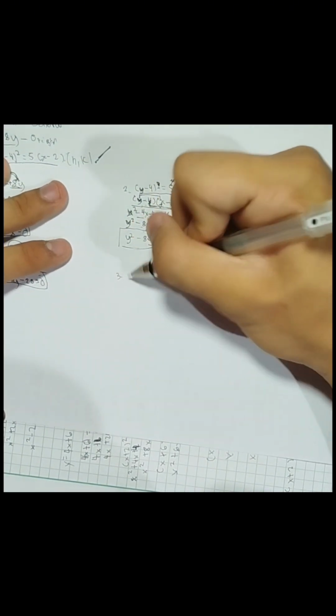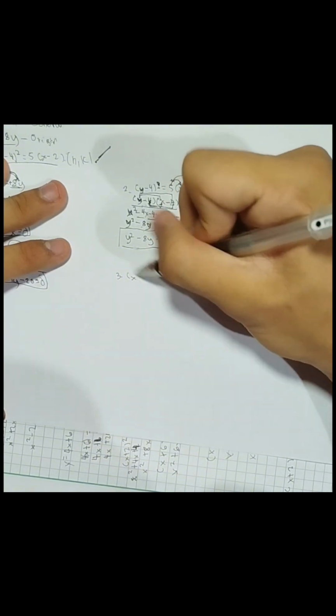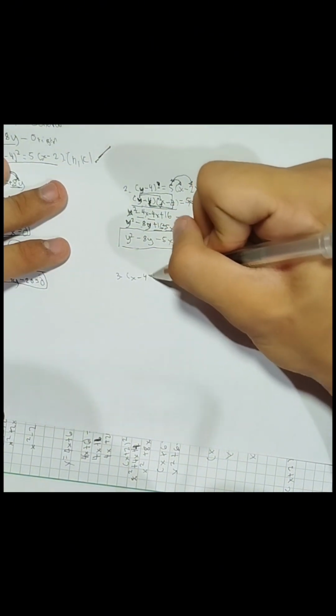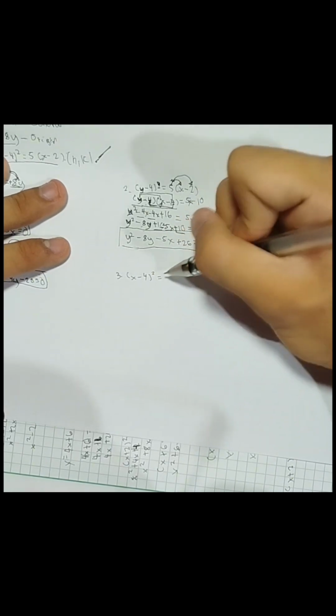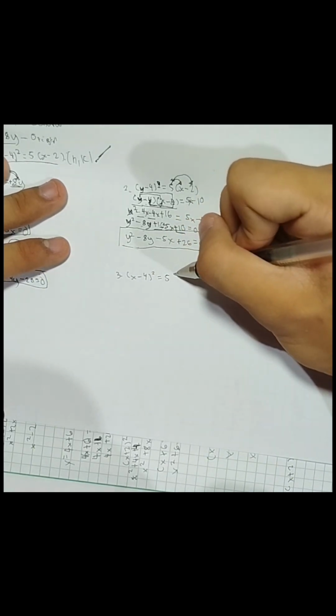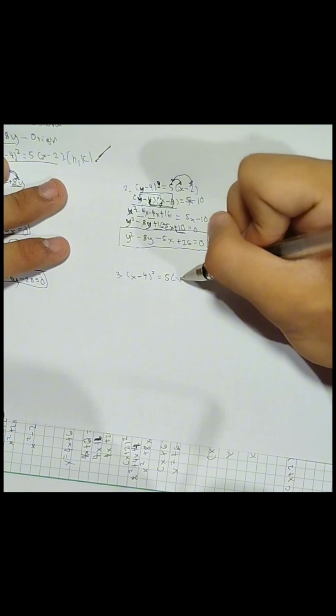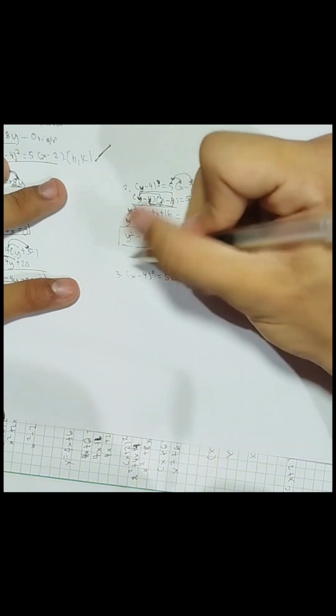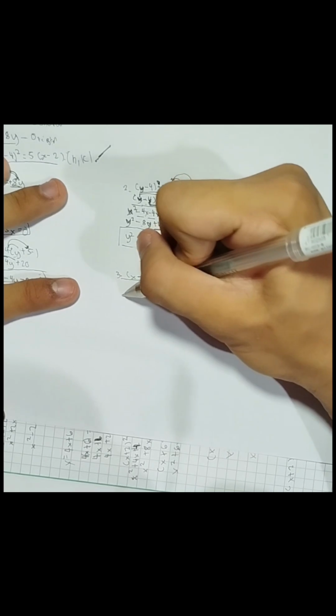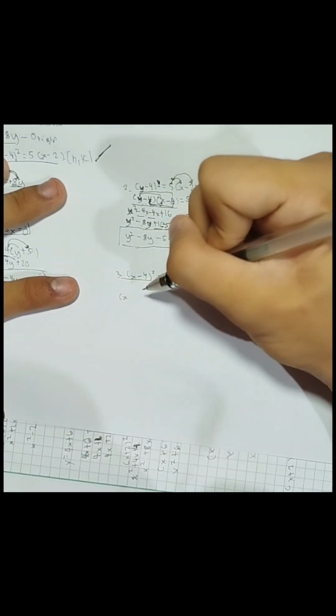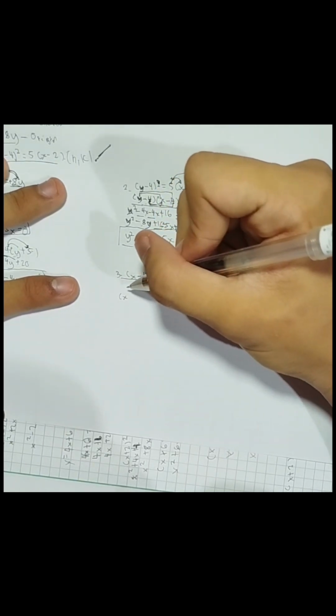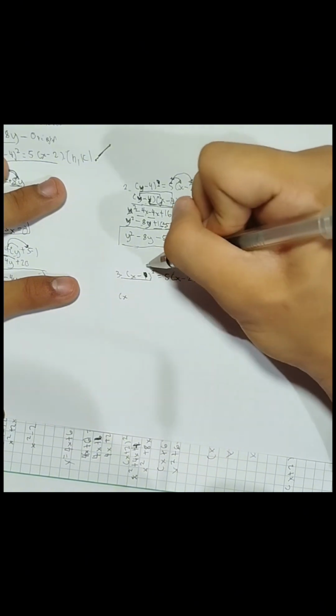Okay, let me give you another example for better comprehension. First step, you multiply this by itself. Oh wait, no, let's try another number. Let's say 3.